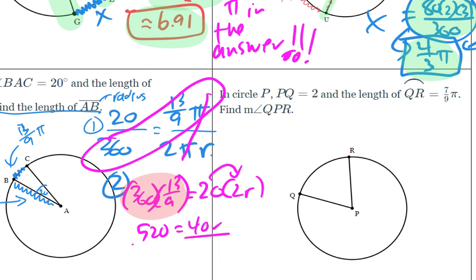So last step, I'm going to divide both sides by 40. So now let me switch that r over here to the left side, so that'll give me r right over there, right? So now if I put that into my calculator, that's going to give me the answer of 13. And so we're just trying to figure out what we're trying to solve for, and then that will give us the answer right over there, right?